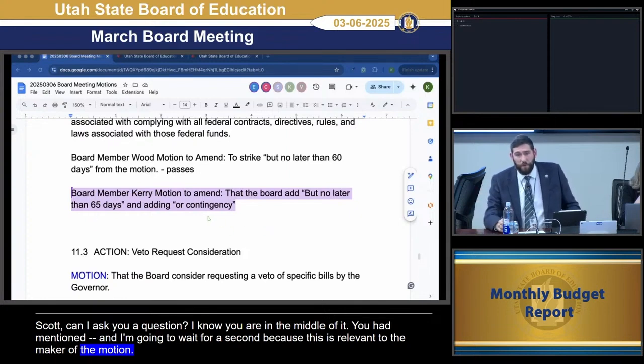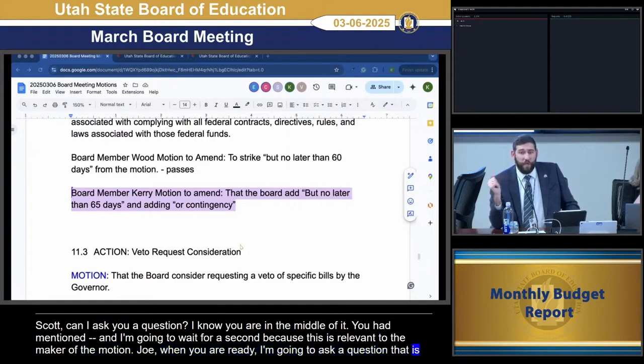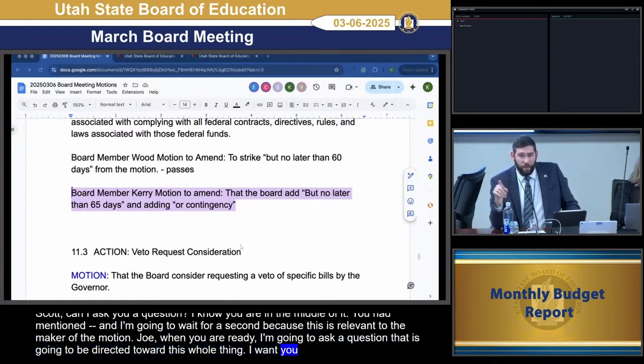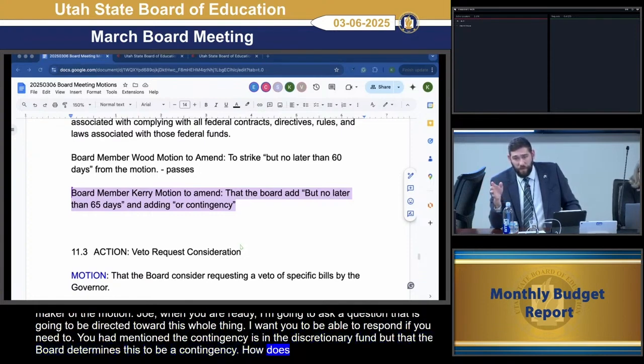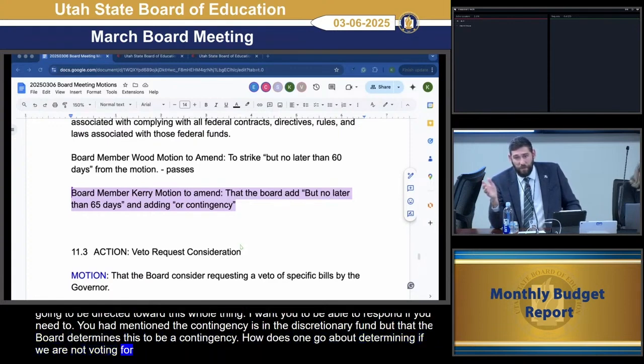I want you to be able to respond if you need to. You had mentioned that the contingency is in the discretionary fund, but if the board determines this to be a contingency, how does one go about determining if we're not voting for it here? And I believe that's what the maker of the motion is trying to say, is let's put it to a vote. Is there a different process that we're missing, or is it just something that we can just do?